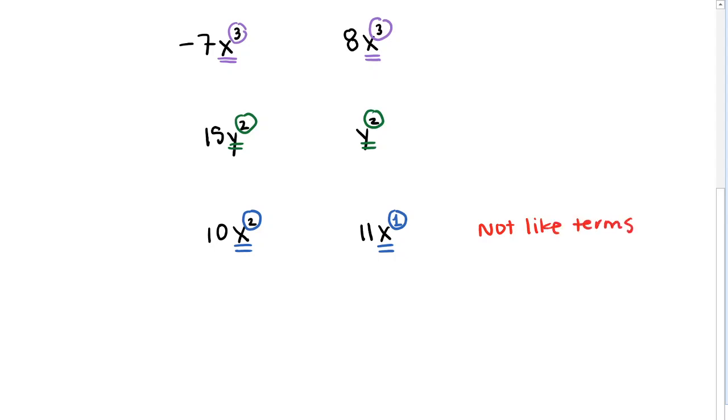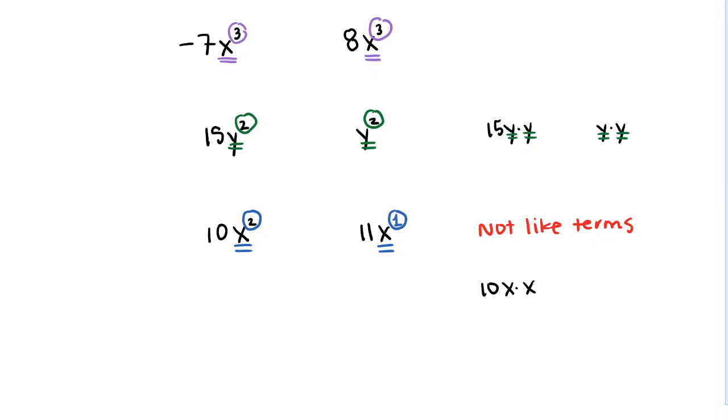If we think back to the previous example, the 15y squared above, I can view that as 15y times y. And the y squared on the right, I can view that as y times y. These two are like terms because we have the same number of factors of that variable y. We have 2 of them. Whereas here, if I were to write out 10x squared, I'd write it as 10 times x times x.